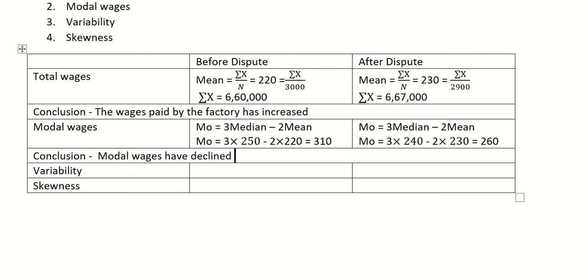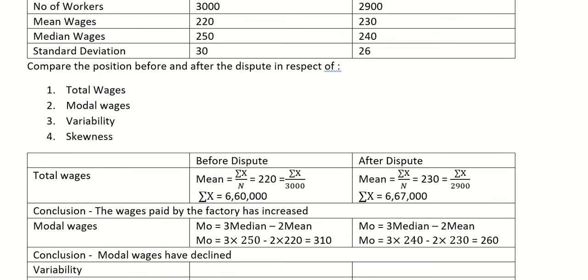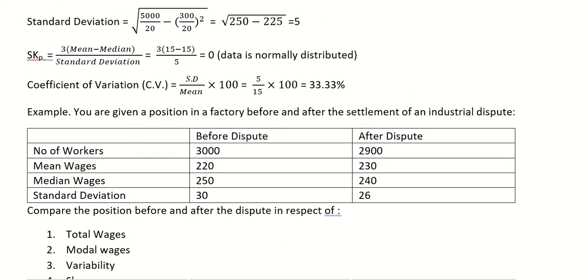So moving forward, now we will be calculating CV, coefficient of variability. What is the formula for coefficient of variability? This is the formula: SD upon mean into 100. Now we'll apply this formula.